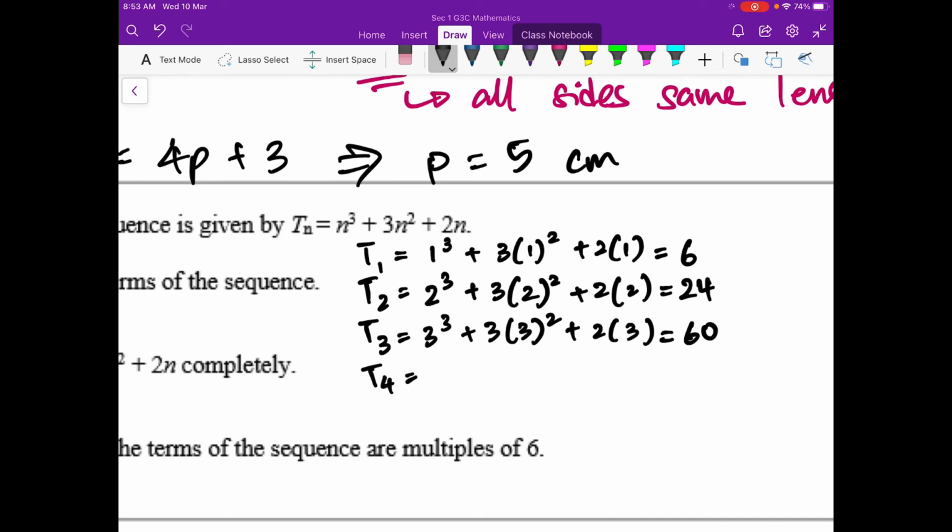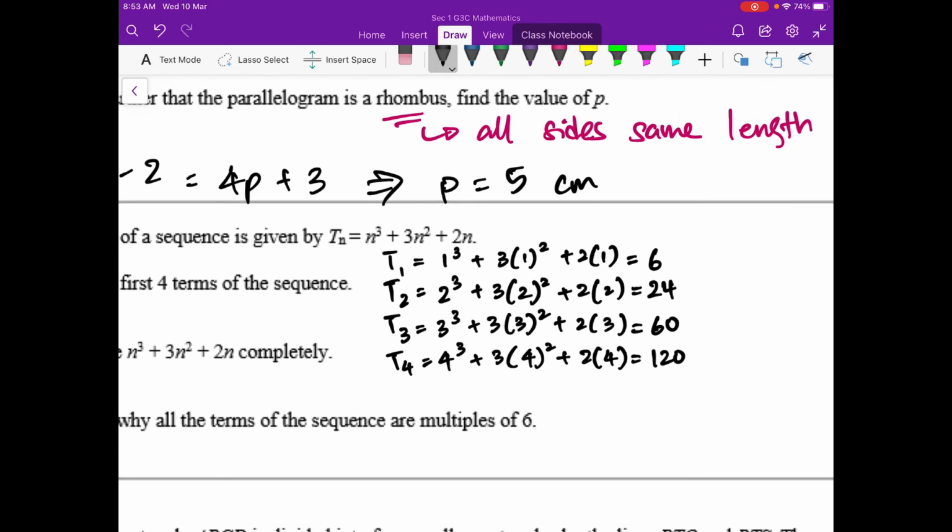Term number 4, 4 to the power 3, 3 times of 4 square plus 2 times of 4. Okay, I need a calculator. 64, 48, 8, 120. So here we have the first 4 terms, which you can easily do by yourself also.